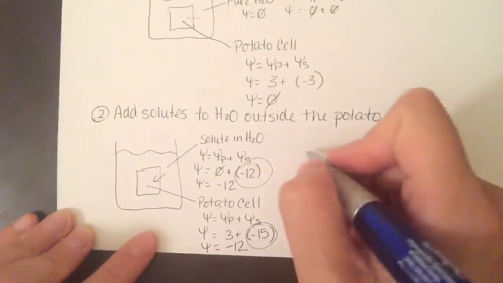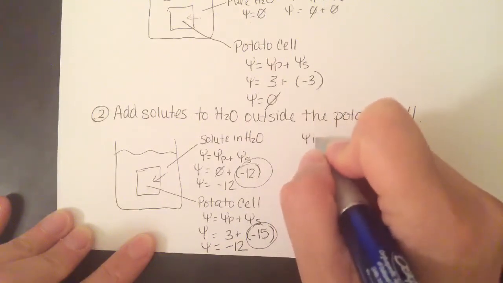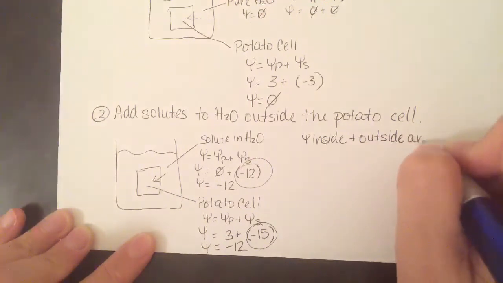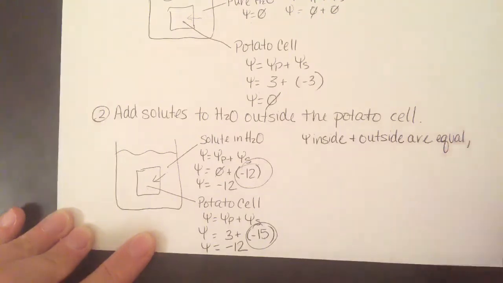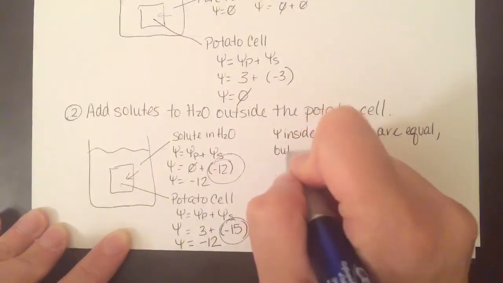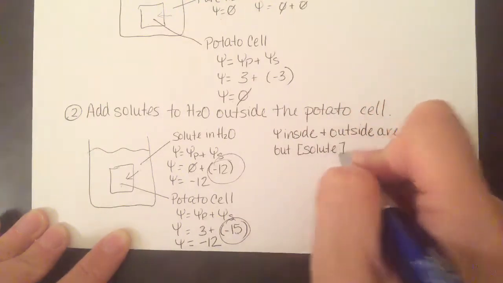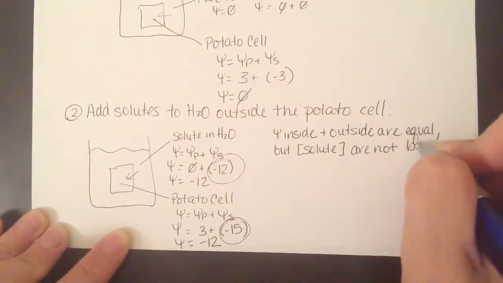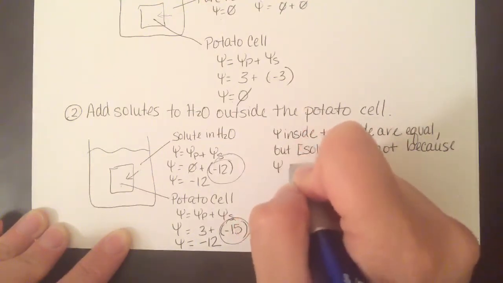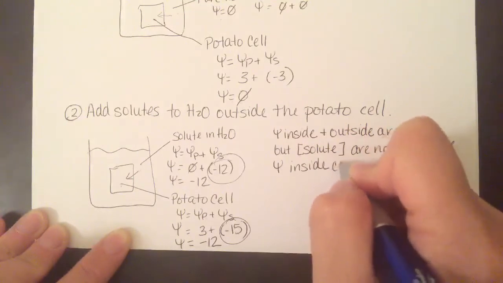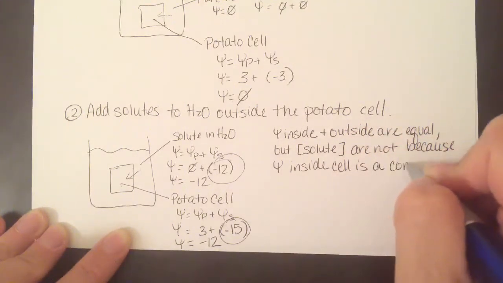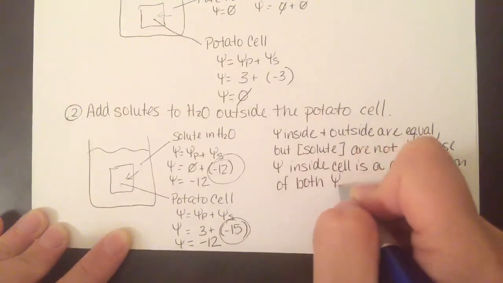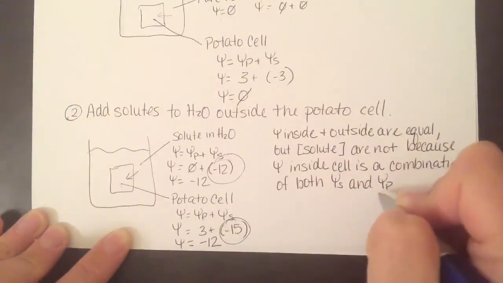And so let's write over here to the right of it. So the water potential inside and outside are equal, but the solute concentrations, I'm going to put the brackets, solute concentrations are not equal because the water potential inside the cell is a combination of both the solute potential and the pressure potential.